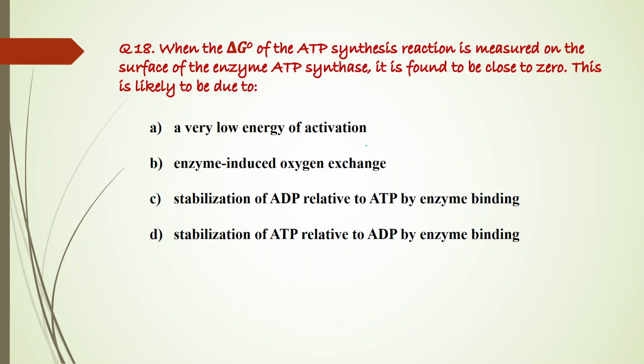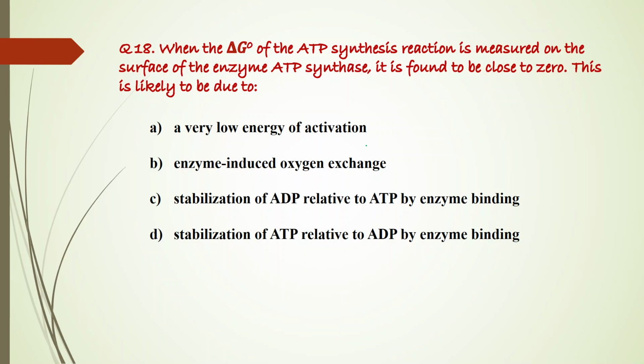It is found to be close to 0. Why is this happening like that? Why does the delta G0 for ATP synthesis on the surface of the enzyme come around 0? Delta G0 being 0 means that is a very good type of equilibrium process that is going on there. Why is that happening?